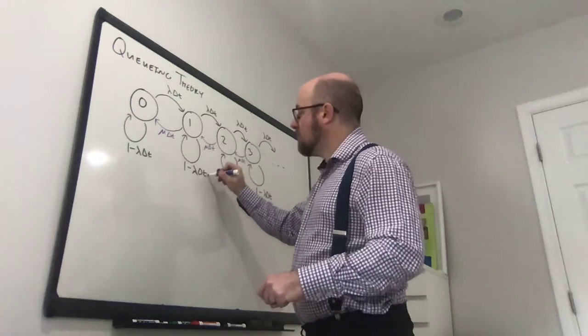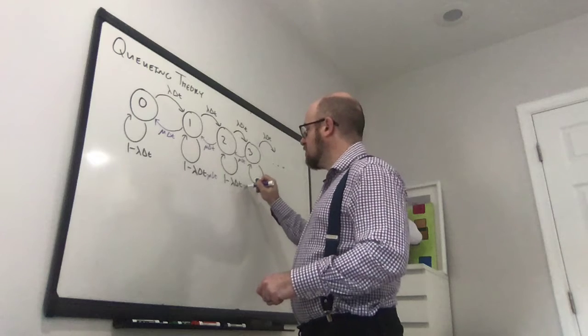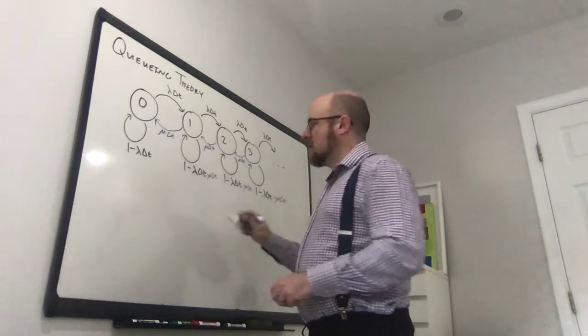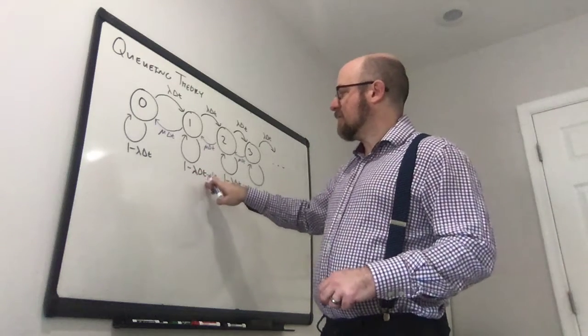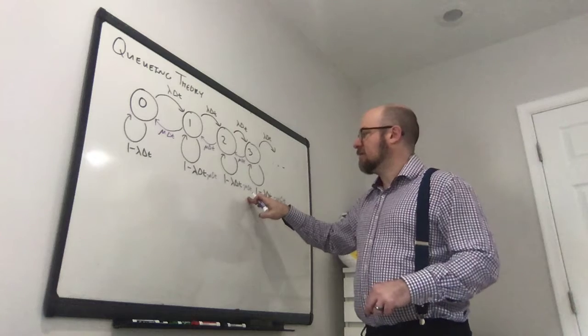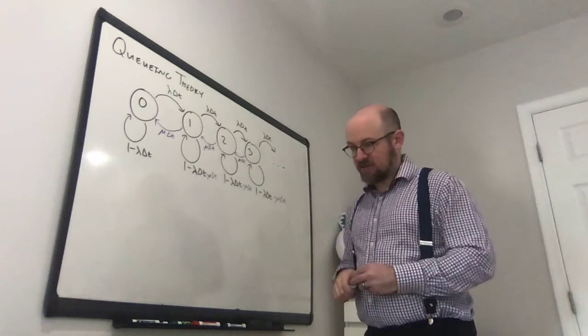So we also need to subtract mu delta t from each of these terms. Okay, so 1 minus lambda delta t minus mu delta t, 1 minus lambda delta t minus mu delta t, 1 minus lambda delta t minus mu delta t.